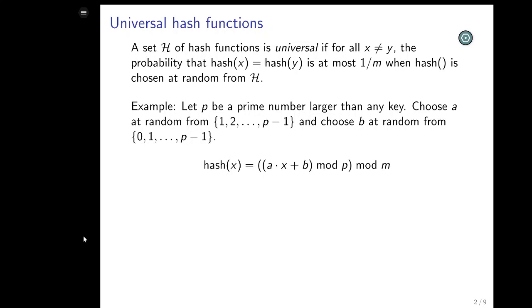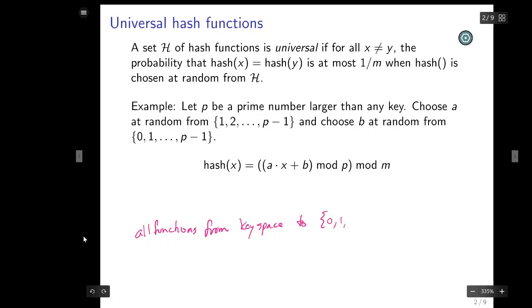How about the set of all functions? All functions that map keys to indices in the range 0 to m minus 1. So this is all functions from the key space to the set 0 through m minus 1, the indices into your hash table.